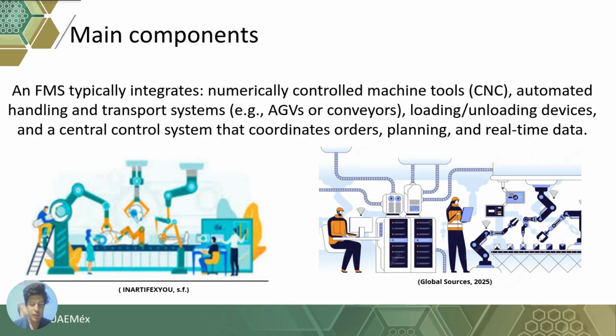Finally, a central control system or execution software coordinates the sequence and captures data in real time to plan and monitor production.